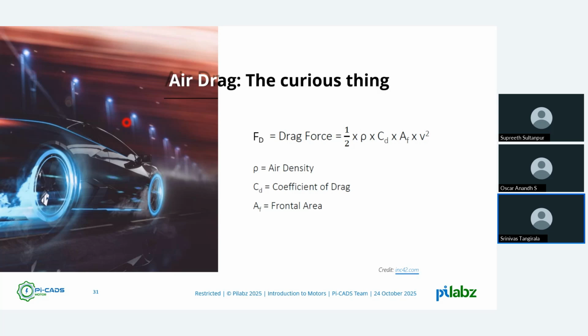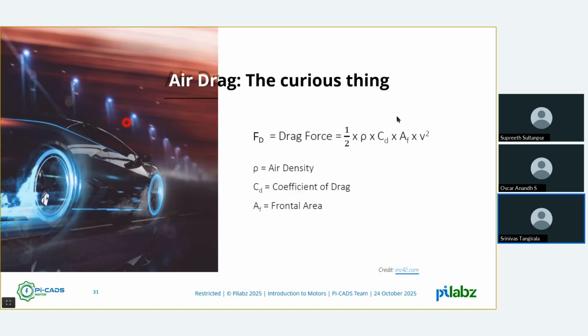Okay, now let's come to the drag force. This is very interesting. As you can see, the drag force is half rho, where rho is the air density. As I said, the density varies according to altitude, right? The higher up you go, the rarer the air is and the lesser the density.